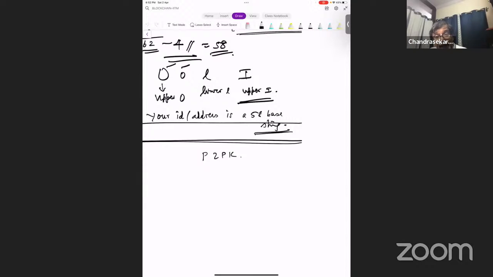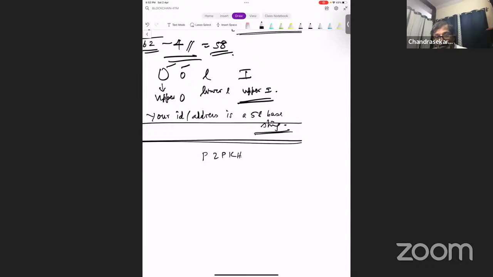So you can pay by referring to a public key hash. Pay to public key hash. You are going to pay to the public key hash. That means there are other styles of transfer; you can pay to the hash of something else.